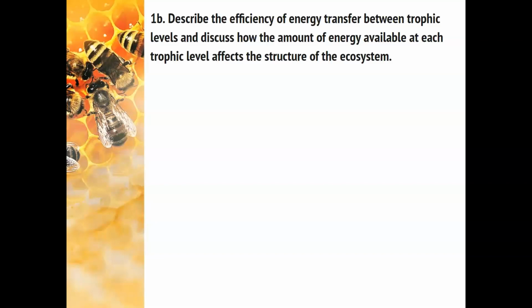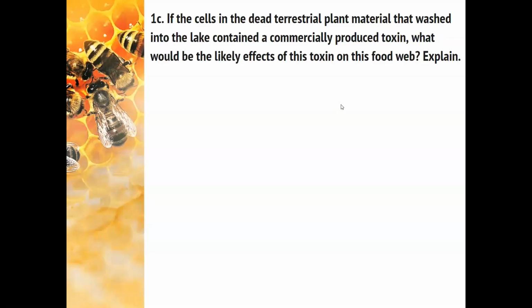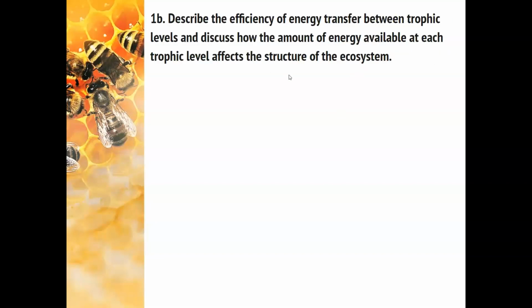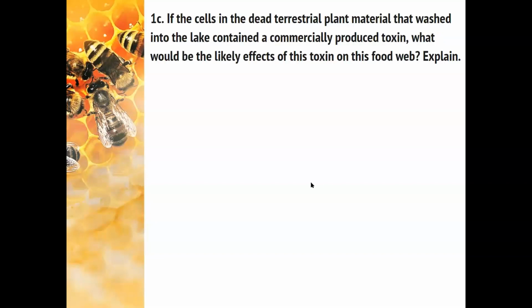And the rest is given off as heat. And you might have even talked about, because it says affects the structure of the ecosystem, that energy pyramid, right? There's less and less available as you go higher up the food chain. So I would probably have talked about that as well, making less available for the level above it.